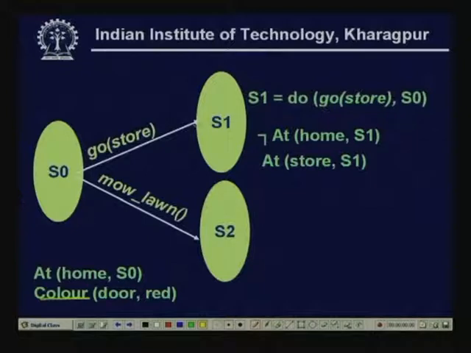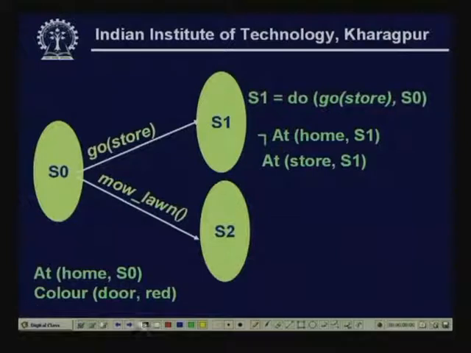Now S1 is a situation which the agent gets to if the action go store is executed. So S1 is a result of executing the action do go store in the situation S0, and the situation S1 is described by not at home S1, at store S1.